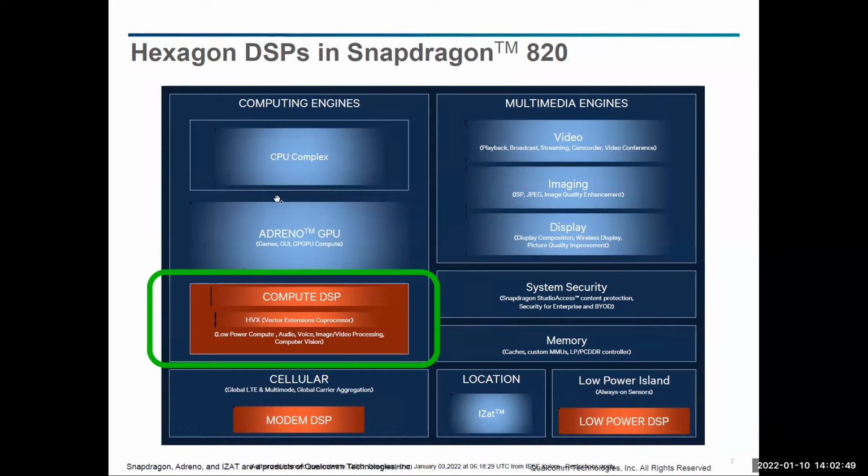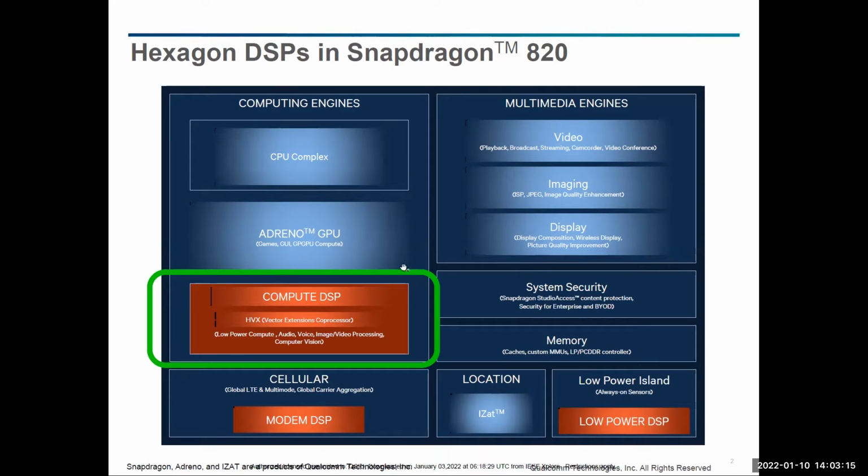The main brain of the chipset is called the application processor, which is also known as the complex CPU. This CPU is responsible for all the control operations, or all the control code gets executed over here. This is predominantly based on the ARM architecture from the company ARM, and Qualcomm licenses this from ARM.